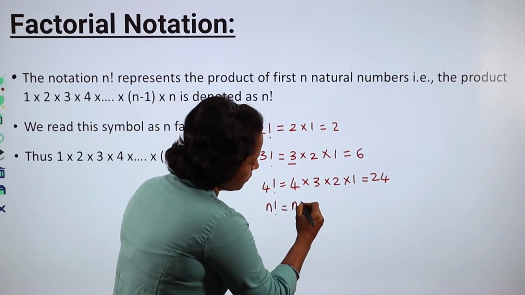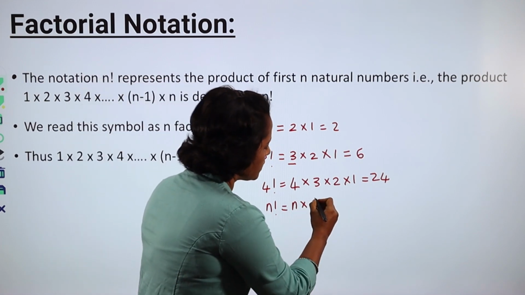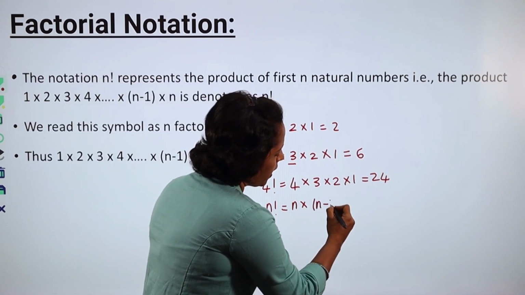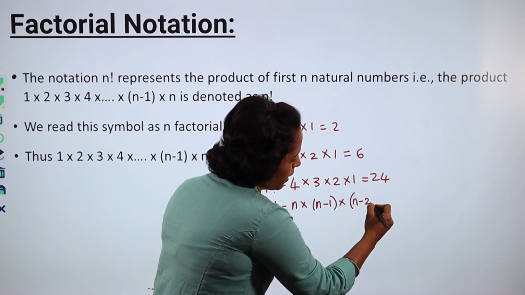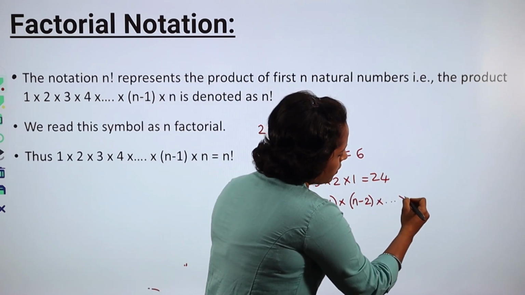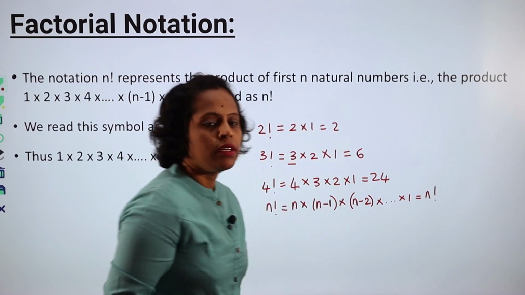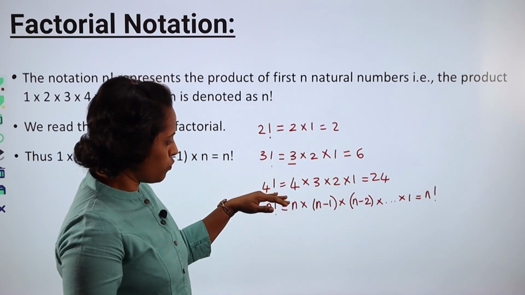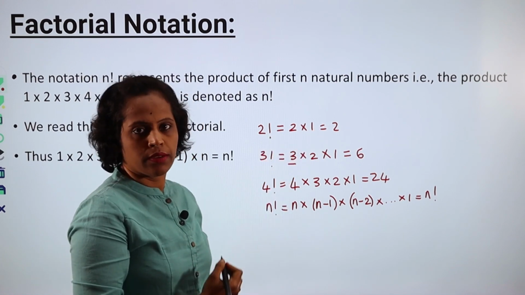The product of this number with all the natural numbers below that. So what is the next natural number below n? n minus 1. The next one below that will be n minus 2, right? And so on up till 1 will be equal to n factorial. So in place of n, if we substitute 4 or 3 or 2, we get these values.